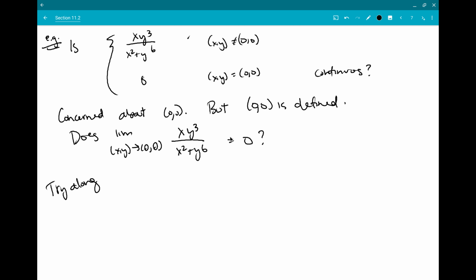And so I'm going to try this along a path that I think will make this easier on me. I'm going to say that I want x to be y cubed. The reason for that is because if I take y cubed squared, that'll become y to the 6th, and the sum in the denominator will simplify for me.